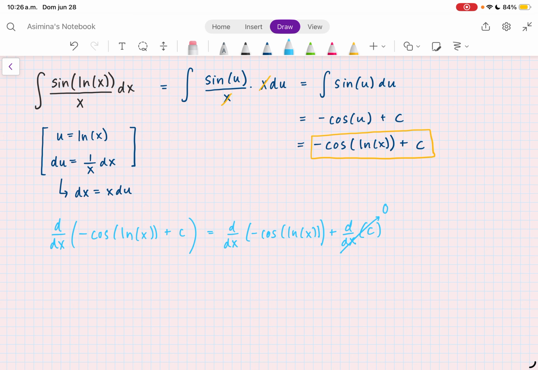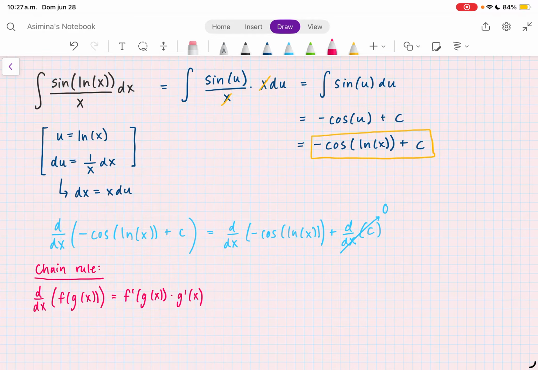So now we're going to want to use the chain rule, which tells me that the derivative of f of g of x is f prime of g of x times g prime of x.